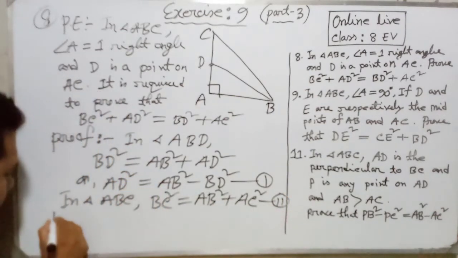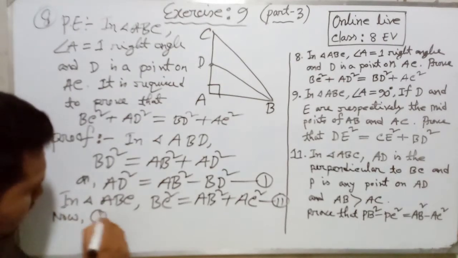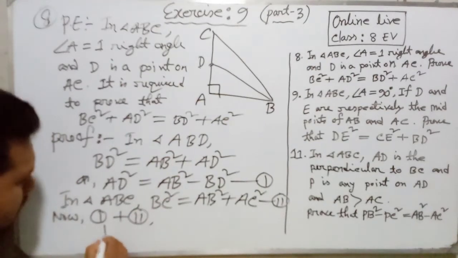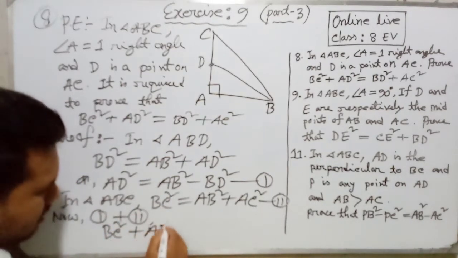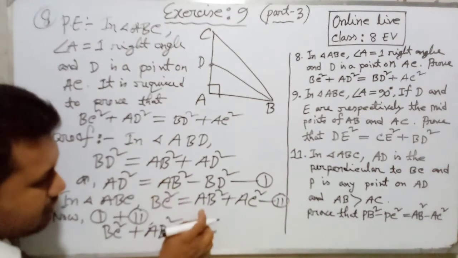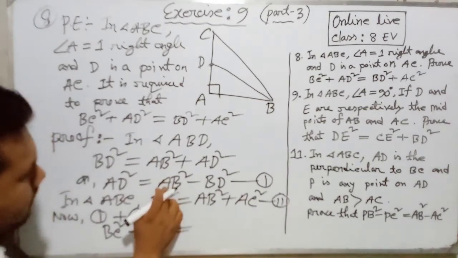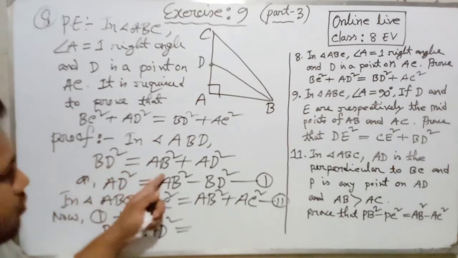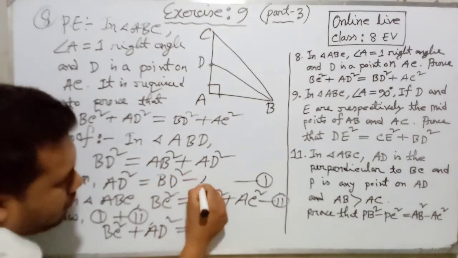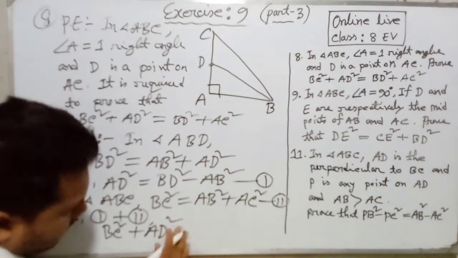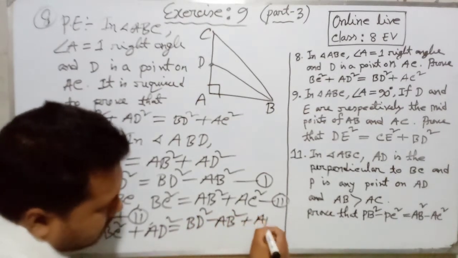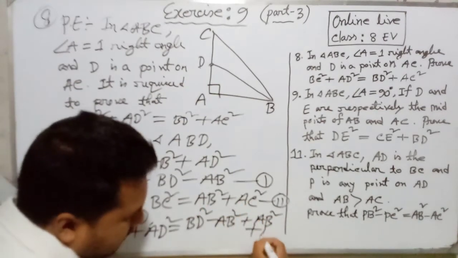Now if we add equation 1 and 2, then what will be the answer? It will be BC square plus AD square, equals BD square minus AB square plus AB square plus AC square.